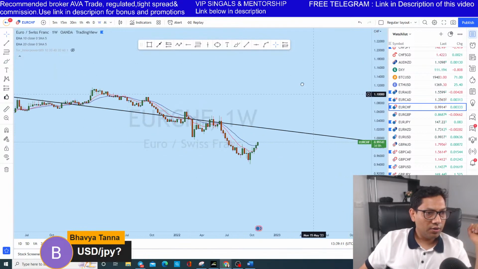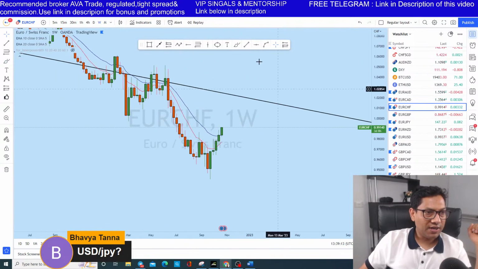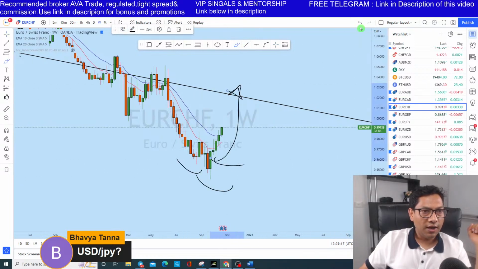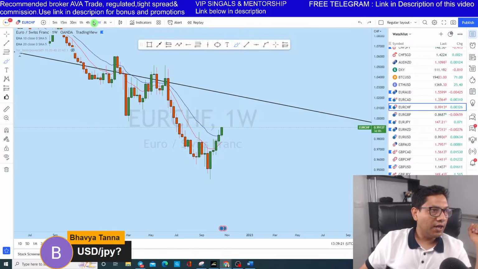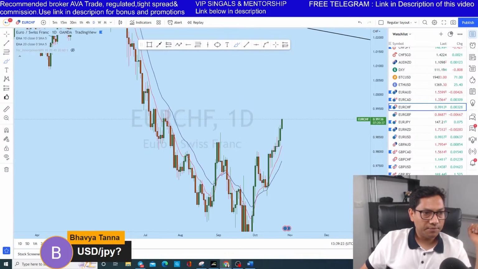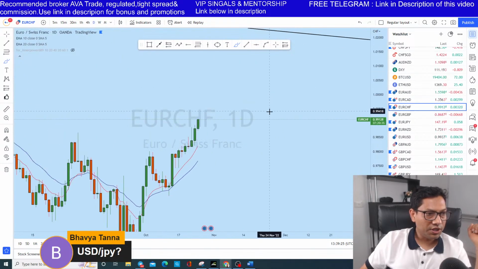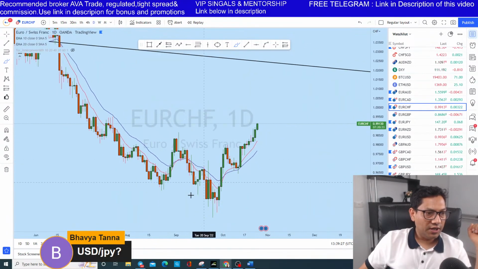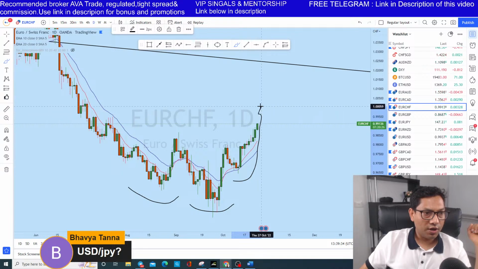Looking at the weekly, the price in fact created a nice looking inverted head and shoulders and then started to push up. Looking at the daily, we see a nice looking big inverted head and shoulders, a big structure that has now broken out.